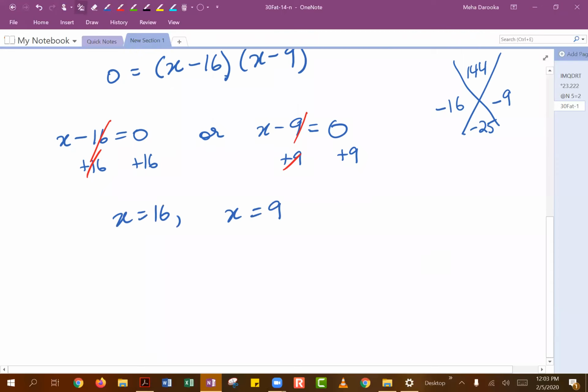So among these two answers, we have to check and see which one satisfies the original equation and which one is going to be the extra root, or do both of them end up working for the original equation, which I have a feeling they won't.